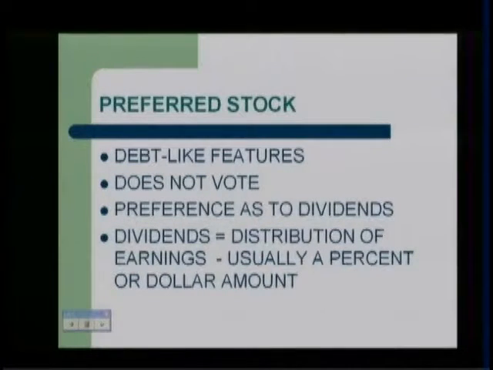And usually the preferred stock is listed as 10% preferred stock or $2 preferred stock. If it's 10% preferred stock, they get 10% of the purchase price or stated price of the stock as a dividend. If it's a $2 preferred stock, that's the amount of dividend they receive, is $2. So you're told in the title of the preferred stock what the dividend will be.